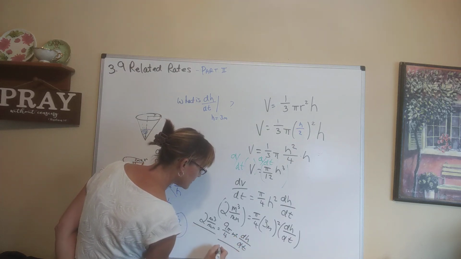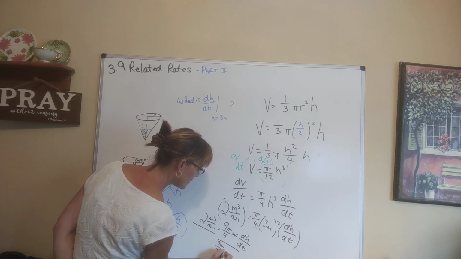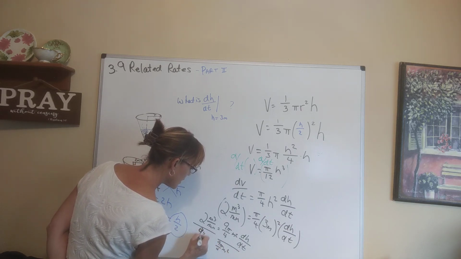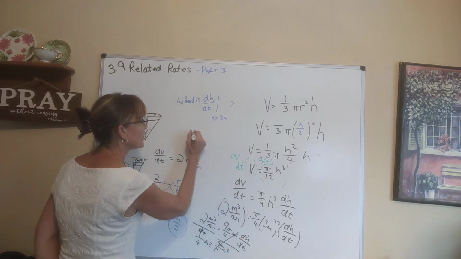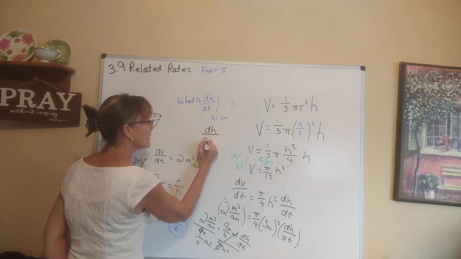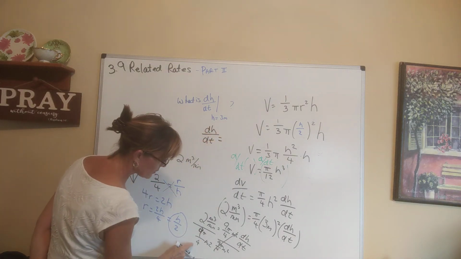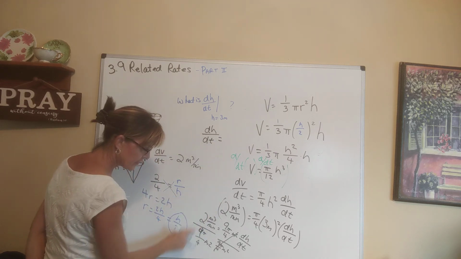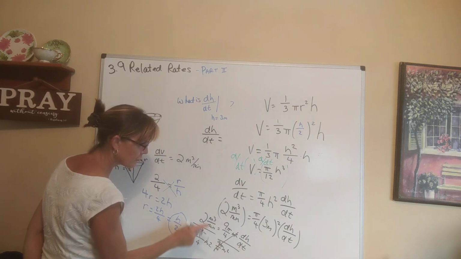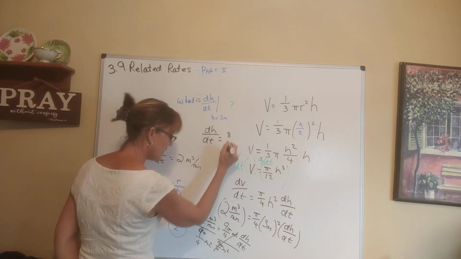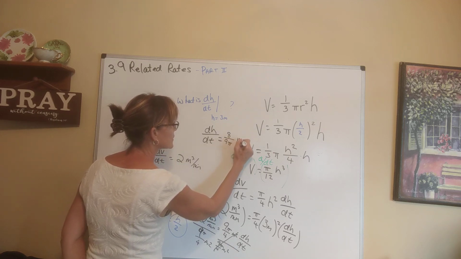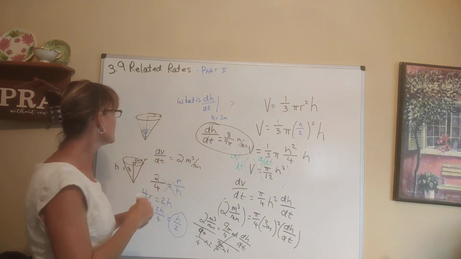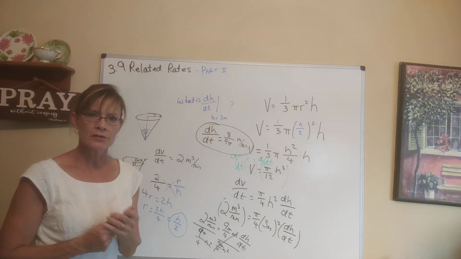If I divide both sides by 9 pi over 4 meters squared, I get that right here, dh/dt is equal to, if you do a keep change flip right here, 2 over 1 times the reciprocal 4 over 9 pi, you're going to get 8 over 9 pi meters per minute. That's the rate of change of the height at the moment when the height is 3 meters high in the tank.